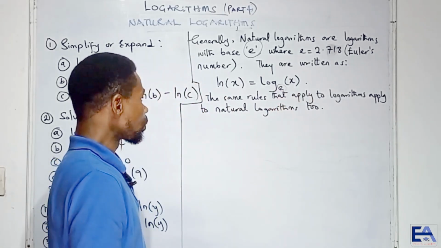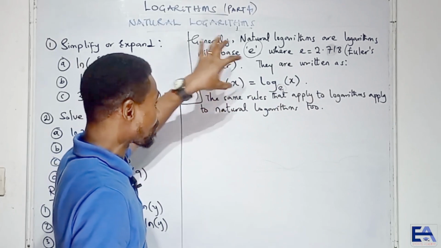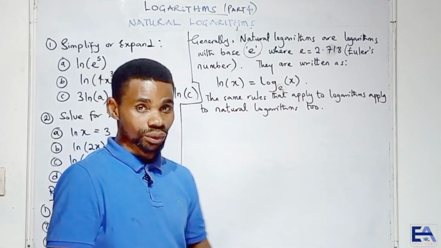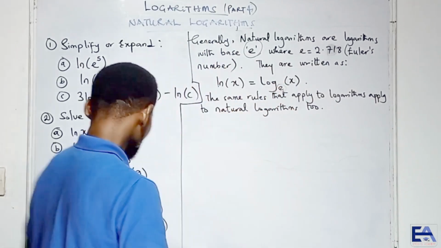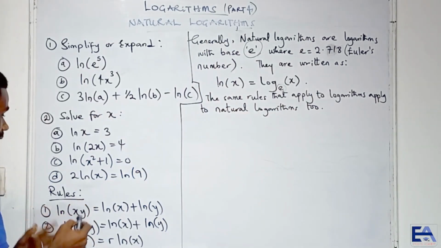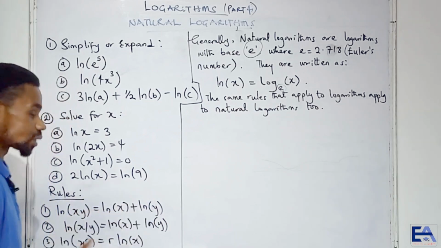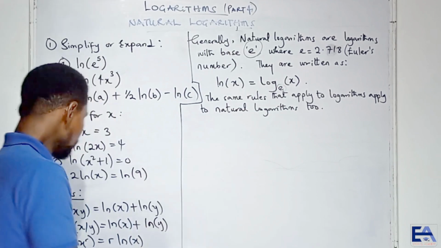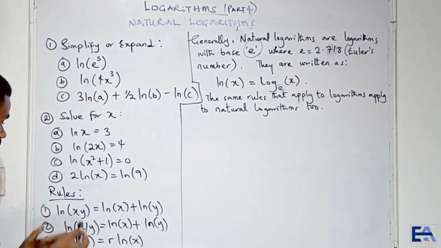Every rule that applies to regular logarithm also applies to the natural logarithm. As you can see here, ln xy is ln x plus ln y, just like log xy is log x plus log y. The same thing happens here too.